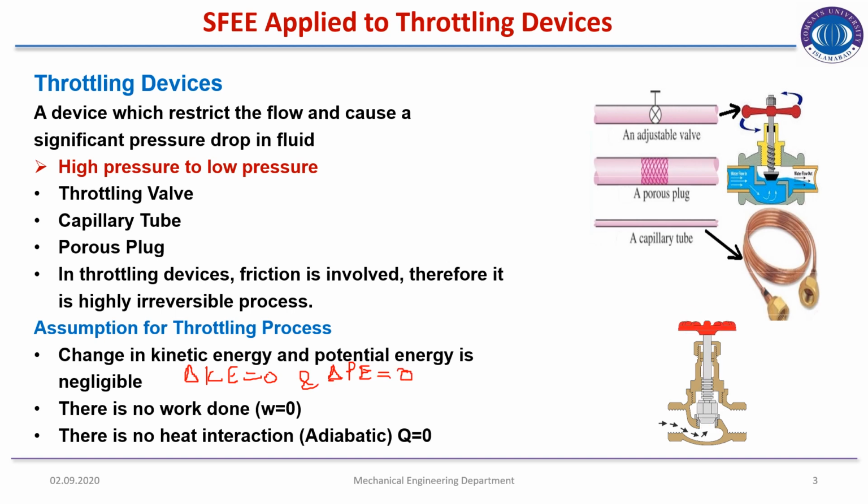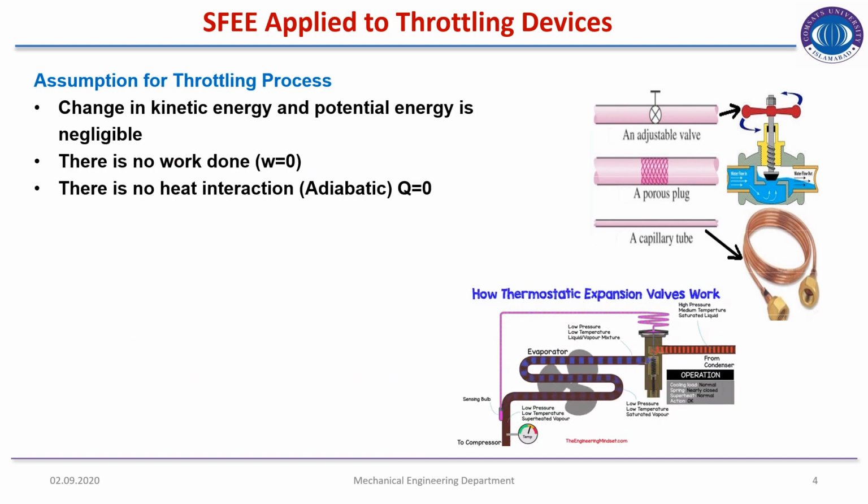There is no work done, so W is equal to 0, and no heat interaction, so the process is adiabatic. No heat enters or leaves the system, therefore the Q term will also be 0. So the assumptions are mentioned here as well.